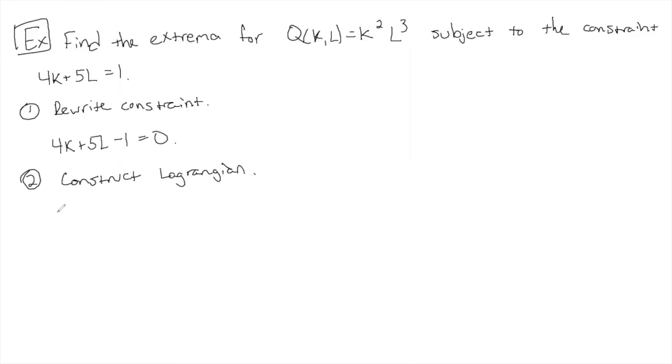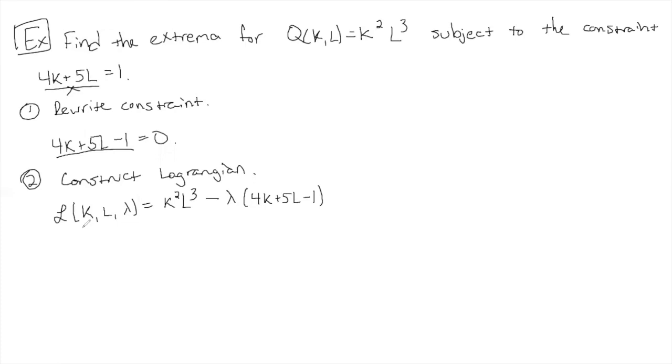Okay, so I have script L of K, L, lambda, right? I write these just to emphasize that my three variables are K, L, and lambda. K squared L to the third, the original function, minus lambda times this version of the constraint, right? It's very important not to write this version here, right? I don't want this. All right, so I have 4K plus 5L minus 1.